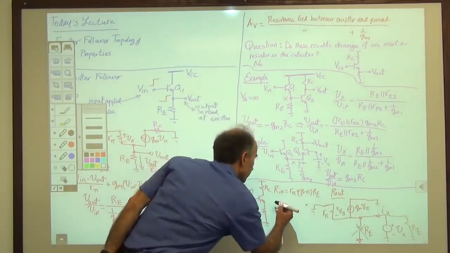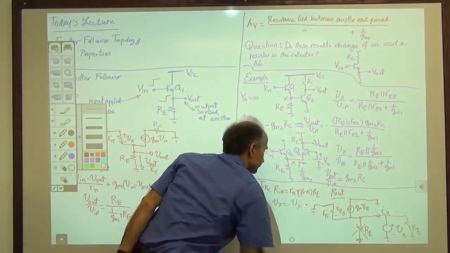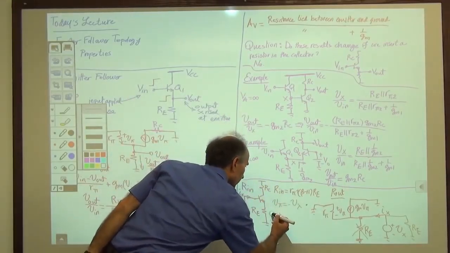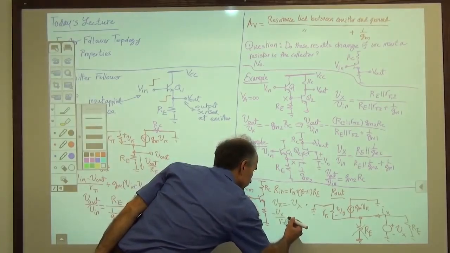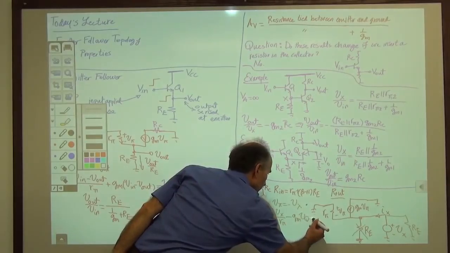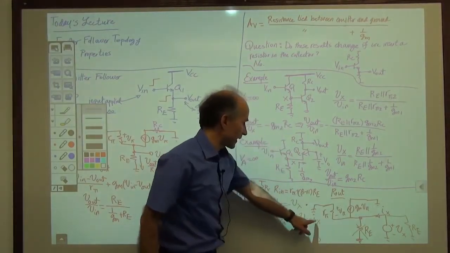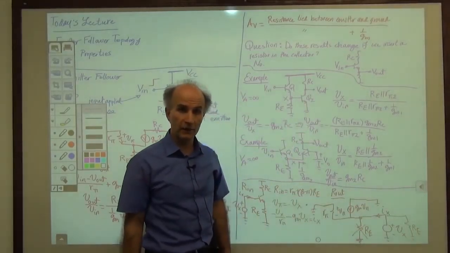So then, if I write a KCL, I have minus Vx over R pi minus gm Vx equals Ix. And again, remember, this Ix is calculated without the resistor RE considered yet.